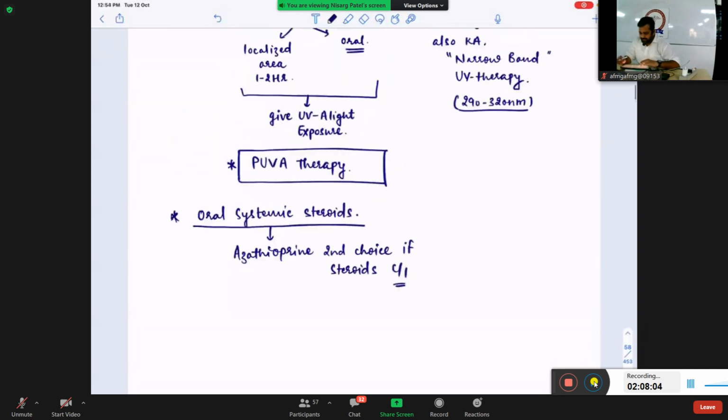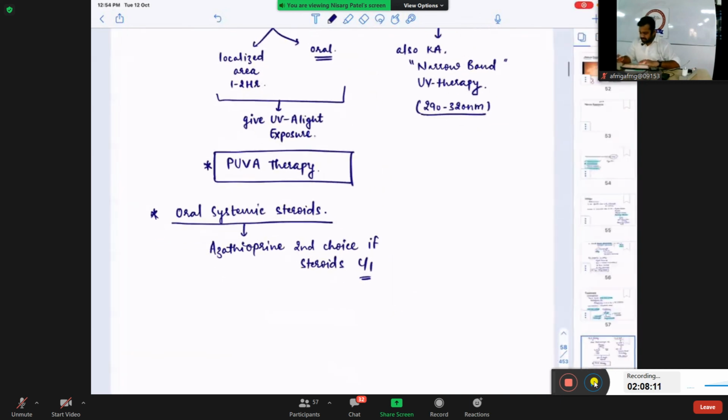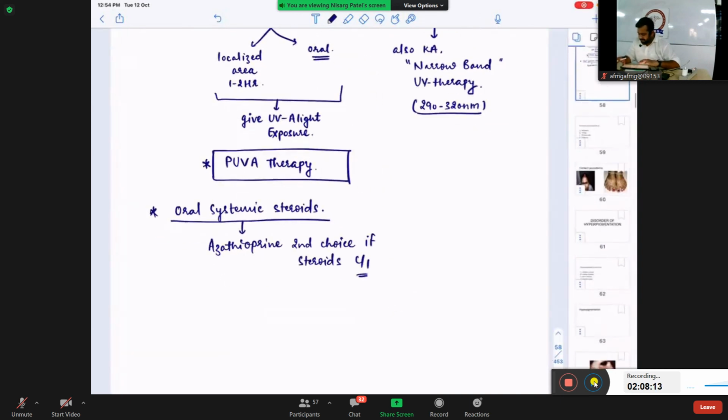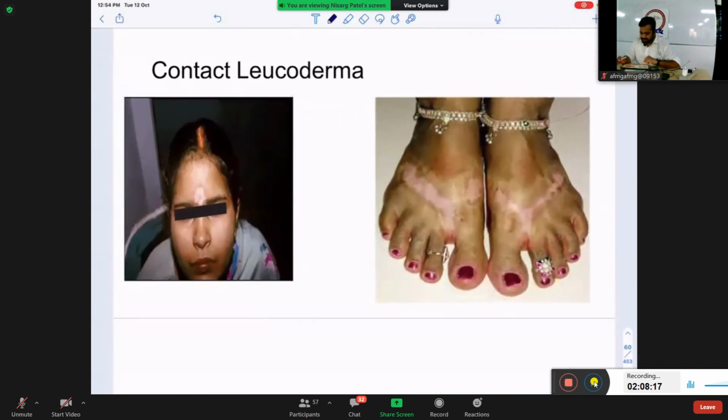In vitiligo, you all know Michael Jackson had vitiligo, right? I will show you two important examples of contact leukoderma. See this, these are contact leukoderma. The commonest agent in India which causes contact leukoderma in females is the bindi. The bindi contains paratertiary butyl phenol.